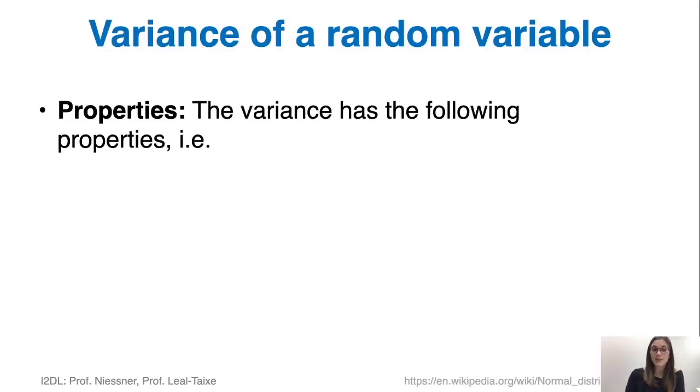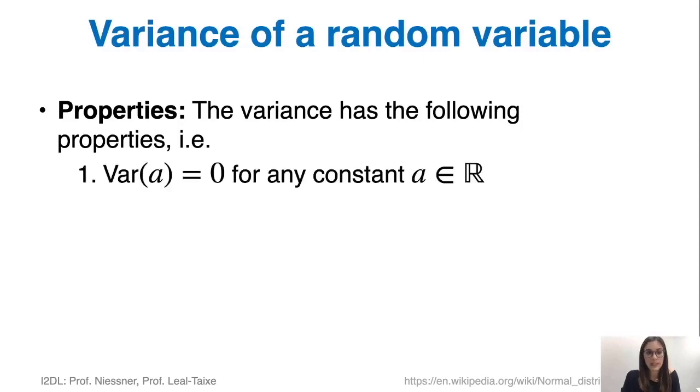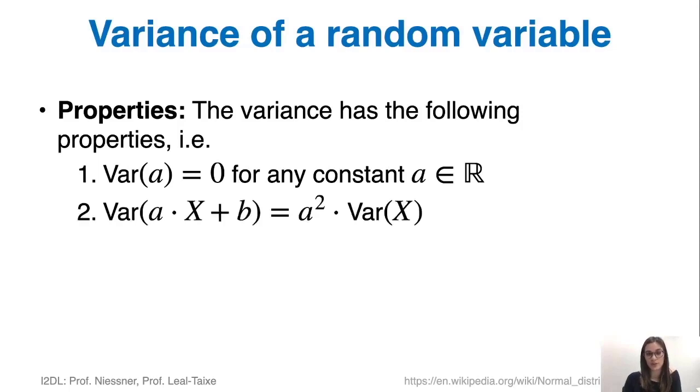Okay, so last but not least, the variance also has some important properties that I want to name here pretty quickly. The first one: again, we're looking at a constant, which has nothing random about it. So the variance of a constant is just 0, which also makes a lot of sense interpretation-wise.